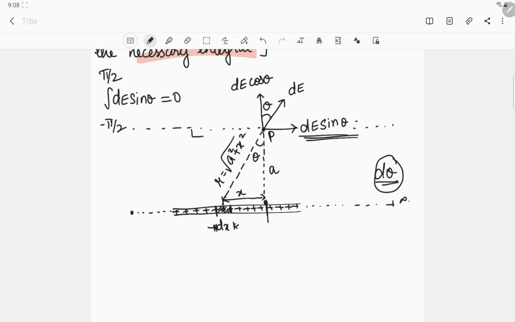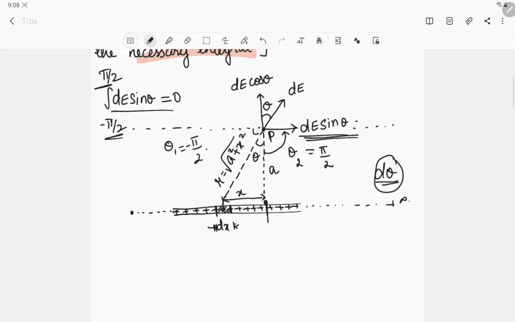This angle will be theta 1, and the other angle will be theta 2. Angles must be measured anti-clockwise, and anti-clockwise measurement we always take as positive. So theta 2 is equal to plus pi by 2, whereas theta 1 is equal to minus pi by 2. When you integrate from minus pi by 2 to plus pi by 2, dE sin theta becomes equal to 0.